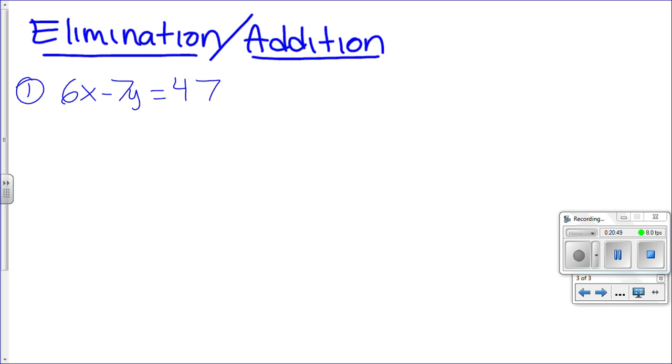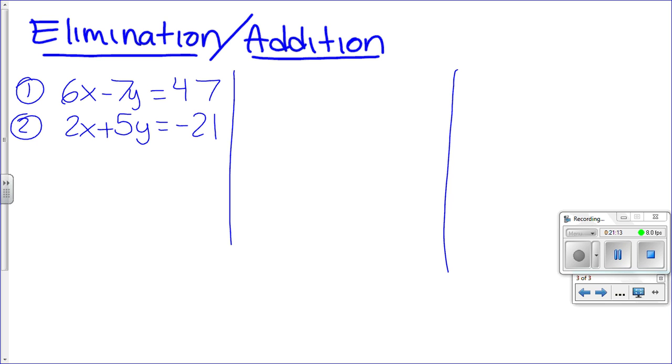For the next one, my second equation, it will be 2x plus 5y, and that is equal to negative 21. Okay, so the steps for this method will be as follows. So first, we want to select a variable that we want to eliminate.